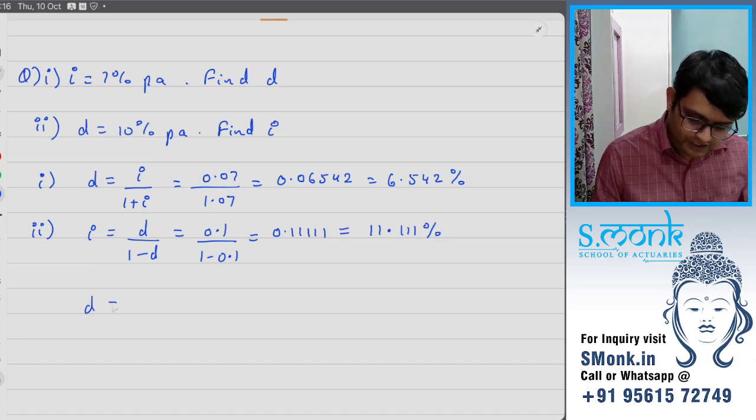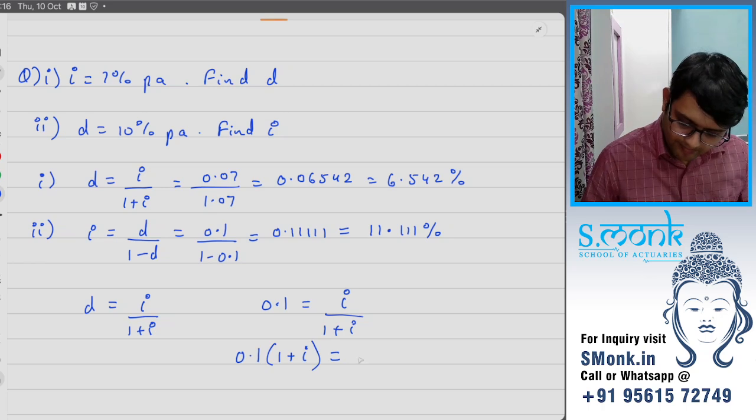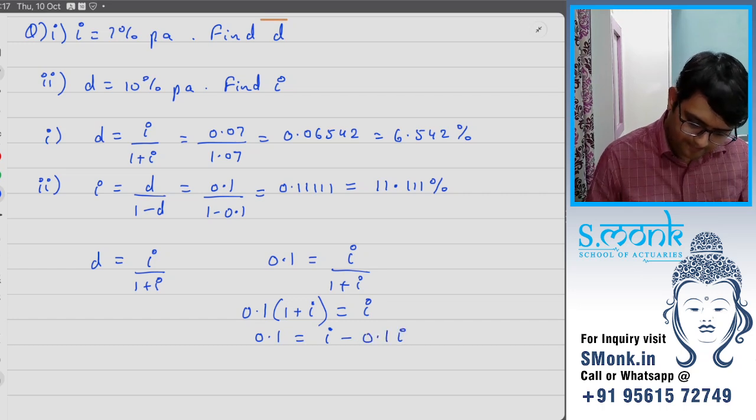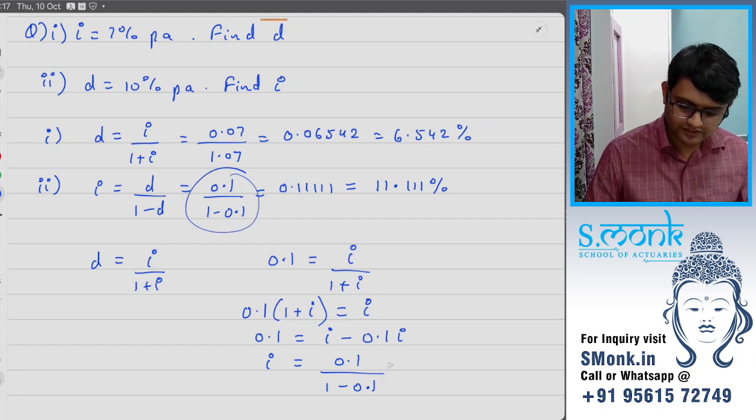You'll say d is i upon 1 plus i, and then d is given, that would be 0.1 is equal to i upon 1 plus i, and you'll have to rearrange. So you can see we got exactly the same thing. Yes, sir. Understood. Okay.